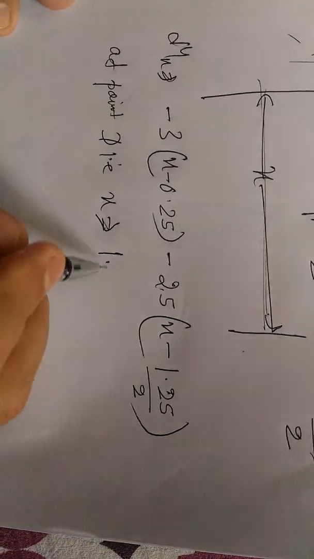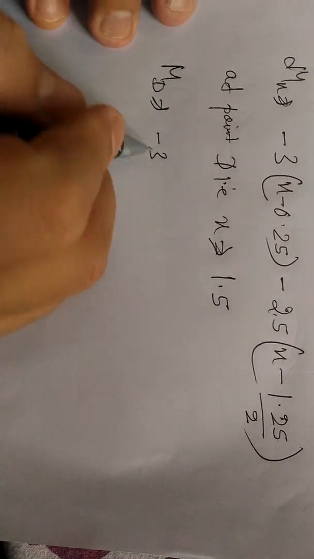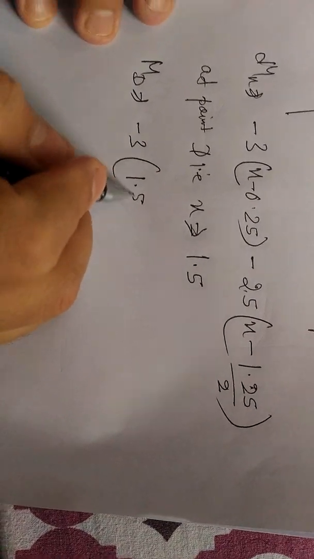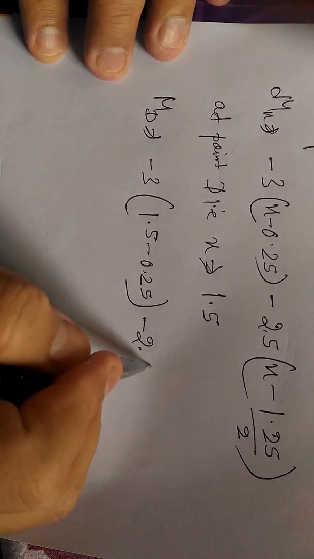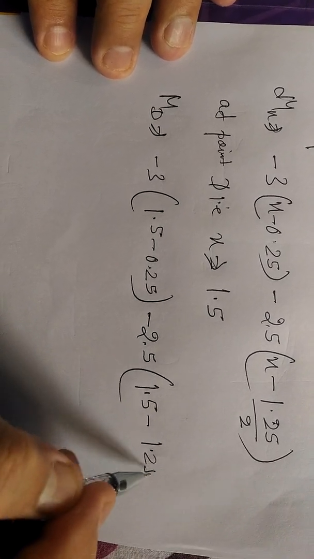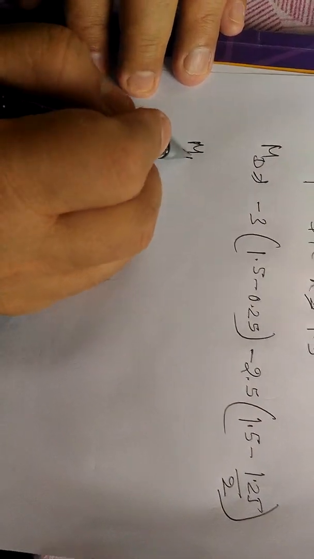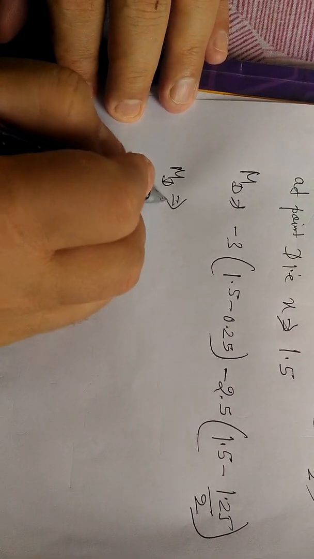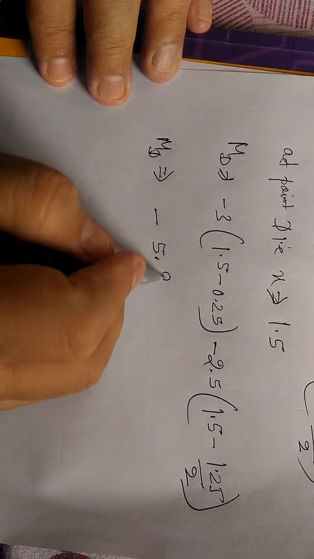So at x is equal to 1.5 meter, MD is equal to minus 3 into 1.5 minus 0.25 minus 2.5 into 1.5 minus 1.25 by 2. So solving this equation, finally we'll get MD is equal to minus 5.94.